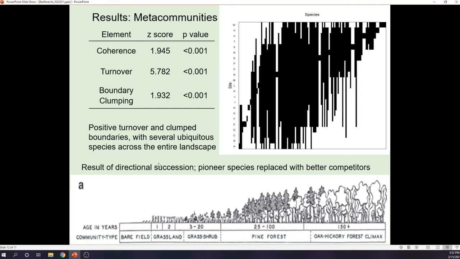And if any of us remember back to our ecology classes in college or whatever, Clementsian structures are based on Clementsian succession, which is a directional form of succession where earlier successional pioneer ruderal species originally colonize an area, and then over time, as they modify the environment as well as each other, they are slowly replaced by later successional and better competitive species such as hardwoods, which is shown here.